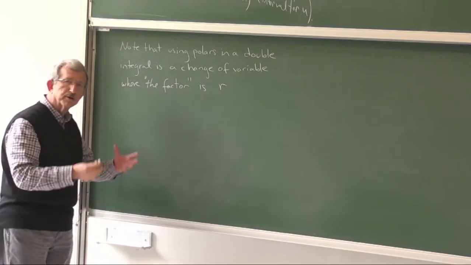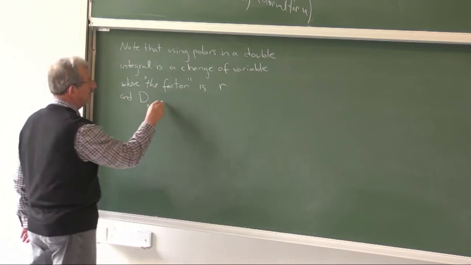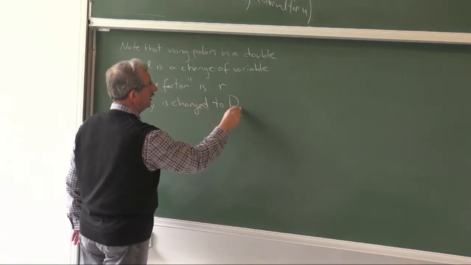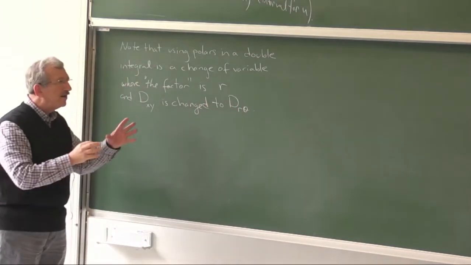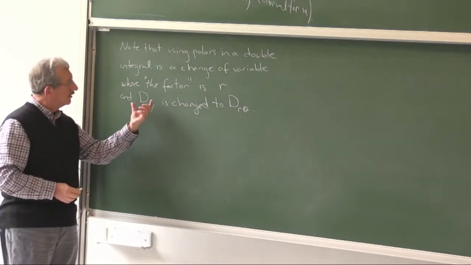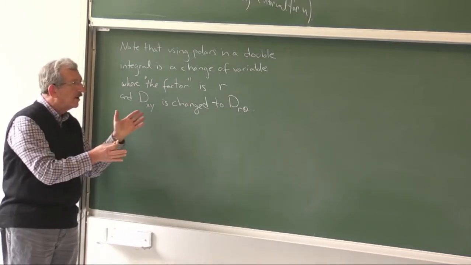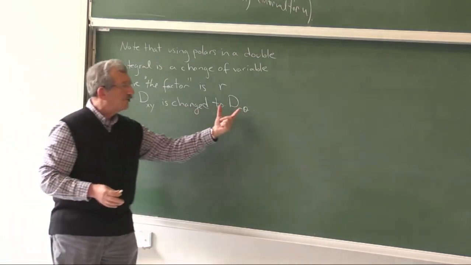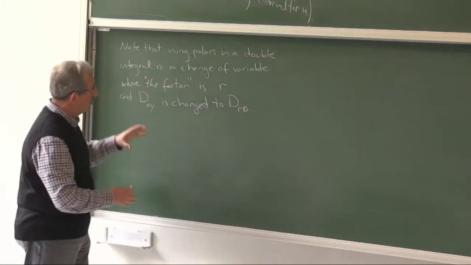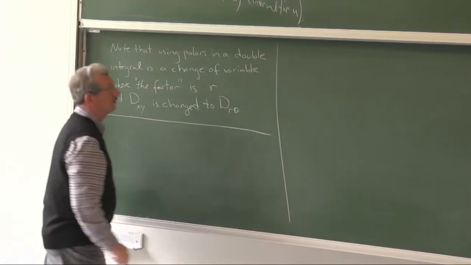It's not nowhere, of course, but it comes. And the domain in the xy system is changed to the domain in the r theta system. We of course know this. For example, in the Cartesian system, we have a wedge, a very strange domain. But when we use polars, actually we get a rectangle here. So it's changed as well. So there are two changes in a change of variable.